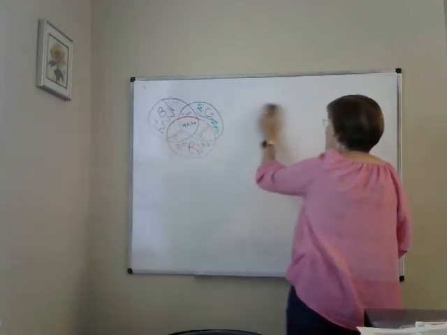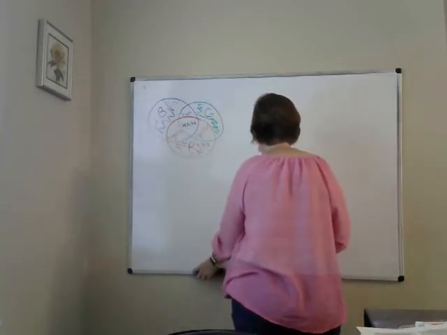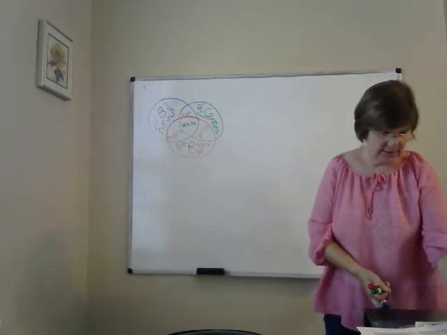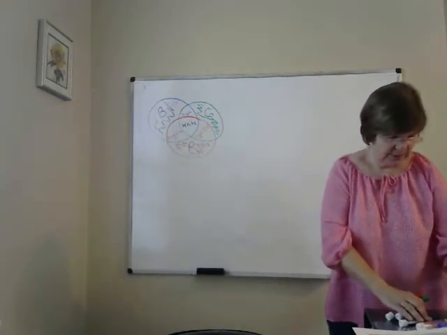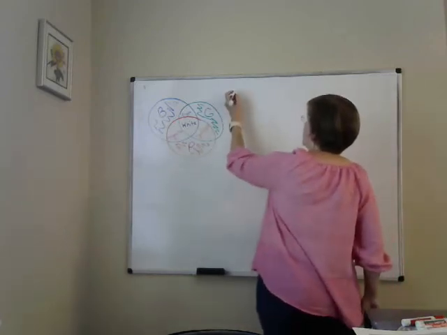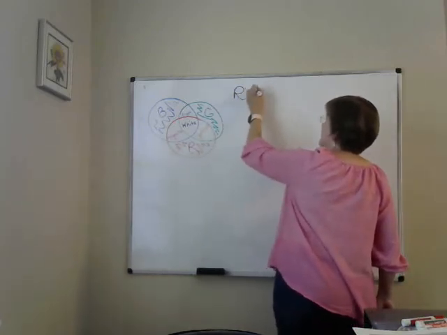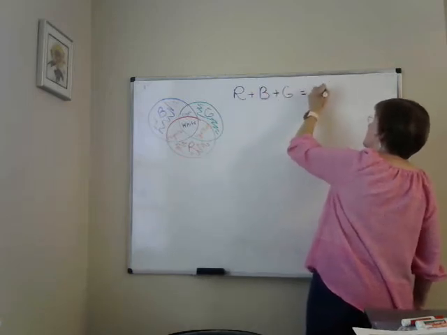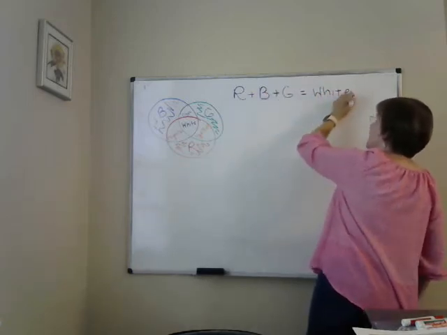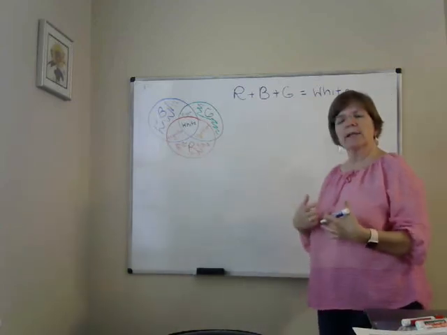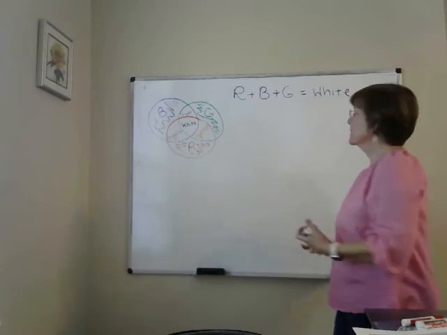Now let's make sure we understand what happens when we add light. If I add all 3 primary colors, red plus blue plus green, it's going to look white. That means all 3 of those types of cones in your eyes are being stimulated, and it looks white.